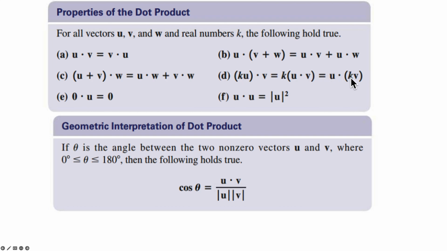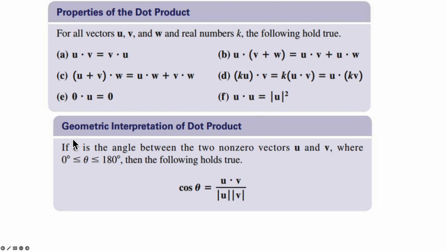And again, it doesn't matter if k is a scalar factor to the v or to the u, you can still factor it out in front. The zero vector dotted with u, well, that in component form is 0, 0, so zeros times these components, you'll get 0 plus 0. It's 0. And anytime you dot product a vector with itself, it's equal to the magnitude squared.